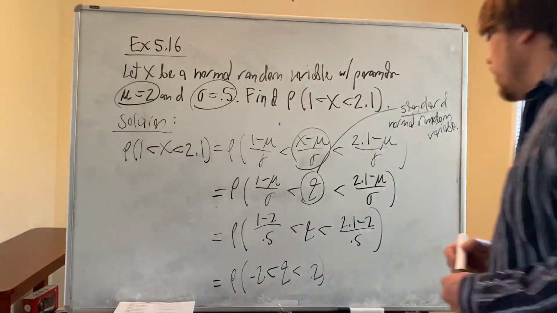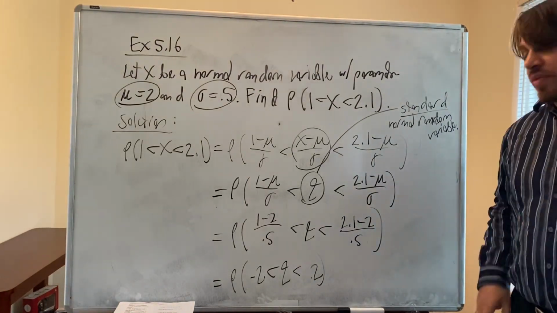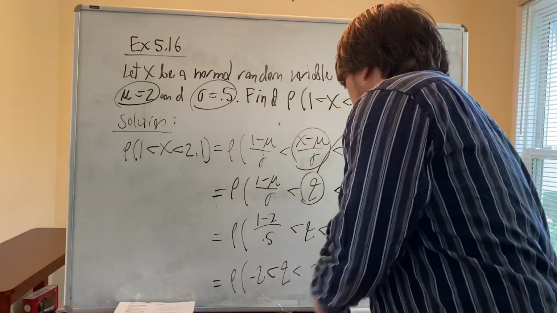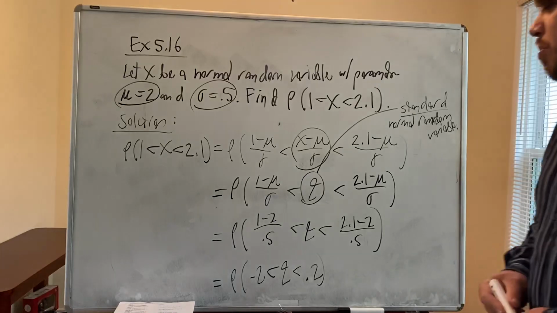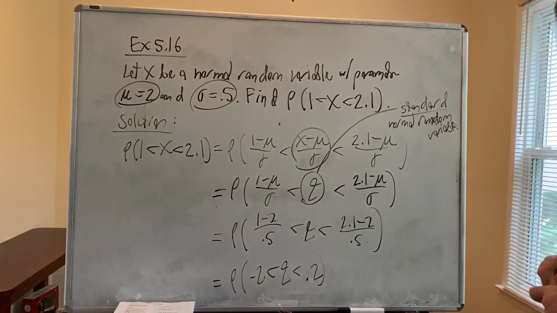Because 2.1 minus 2 is 0.1, and 0.1 divided by 0.5 is 1/5, which as a decimal is 2/10, or 0.2. So there's a probability that Z, our standard normal random variable, is between negative 2 and 0.2.